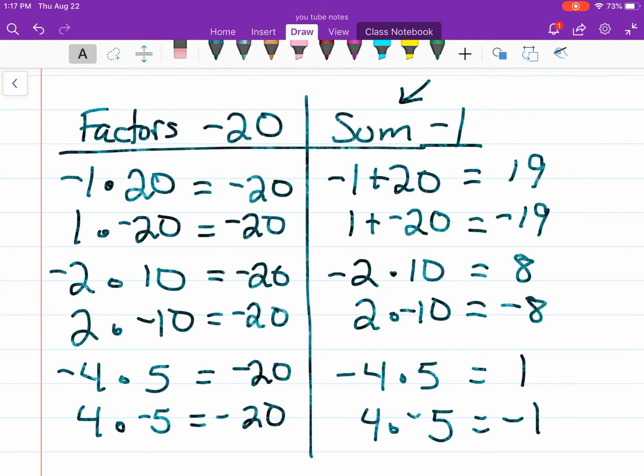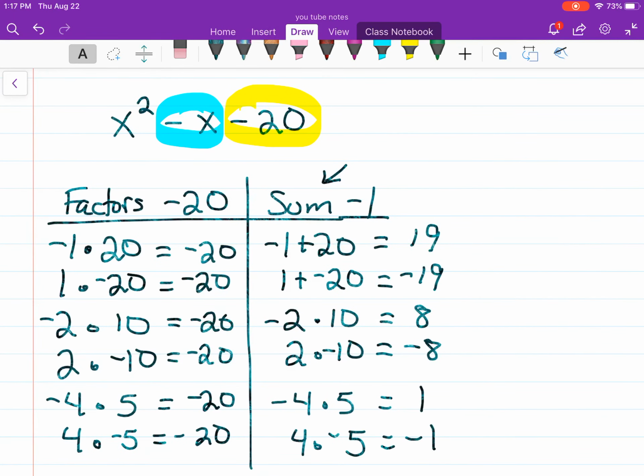So what was I looking for back here in my problem? Well, I didn't have a number. I don't have anything there but an x. When I do not have a number here, then that is an understood 1. So which one of these gives me the understood negative 1? Negative because there's a subtraction there. Which one does that work? Excuse me.